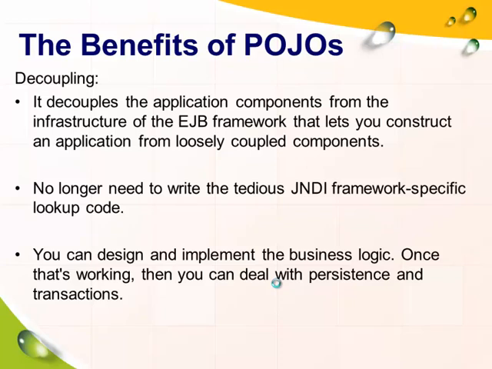Again, there is no need to bother about JNDI. What is the naming directory? How do I search for it? What is the structure? All those things are not required because you are not going to write any home interface. So your burden is reduced to a very great extent in a very simple way. You just bother about your business logic. The rest you leave to the Java EE architecture, which will take care of it.